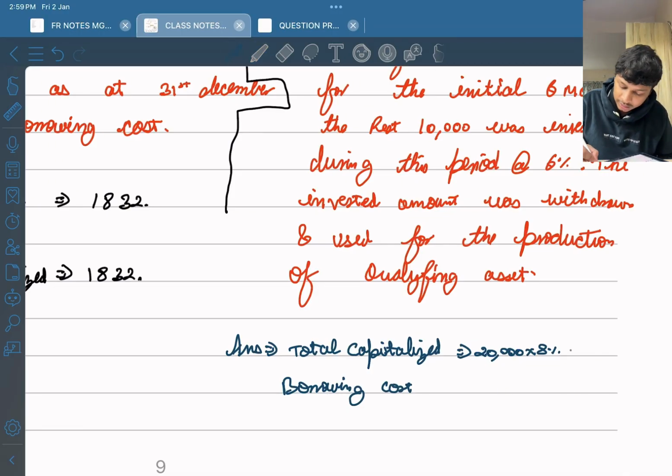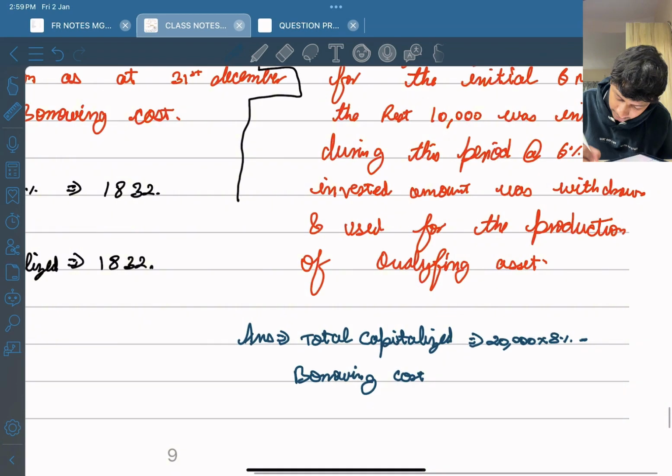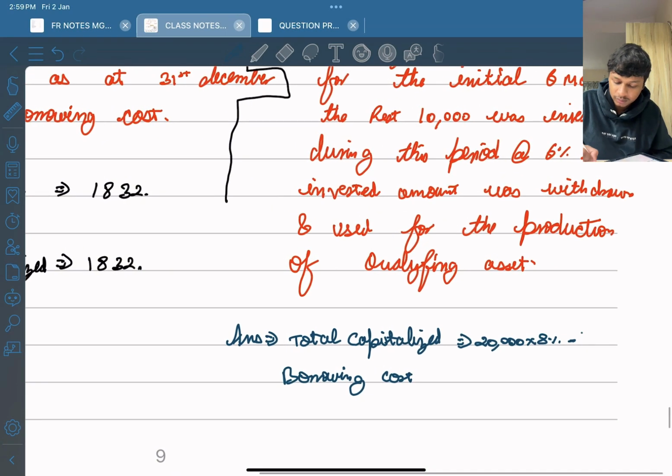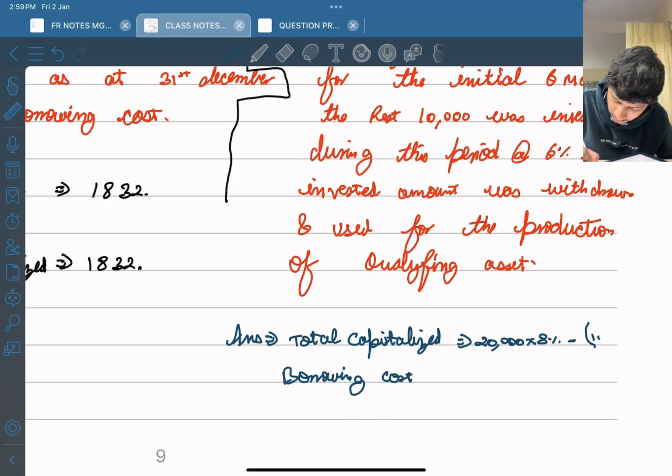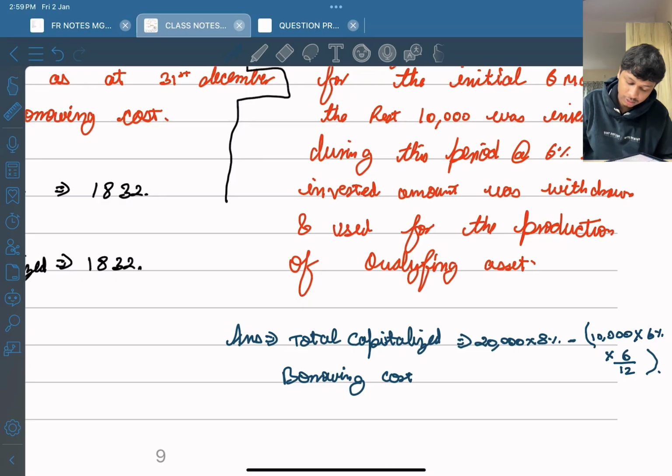Then we will be subtracting the investment income from this. So the investment income was: $10,000 were invested at the rate of 6% and for 6 months. So 6 by 12. This will be the total investment income.